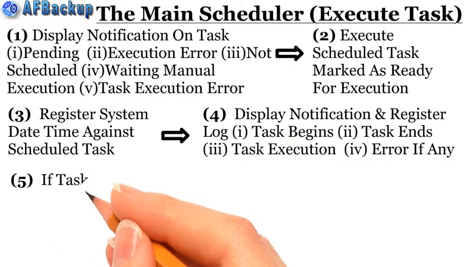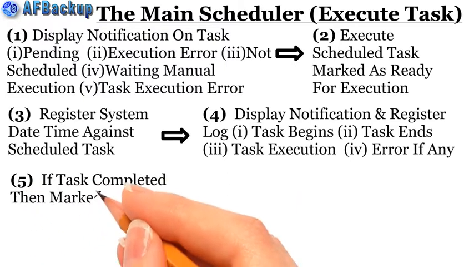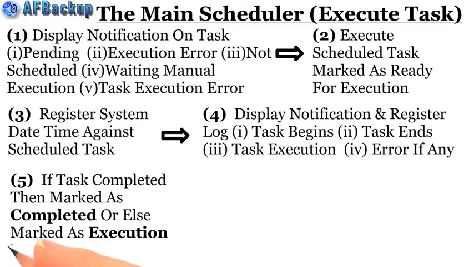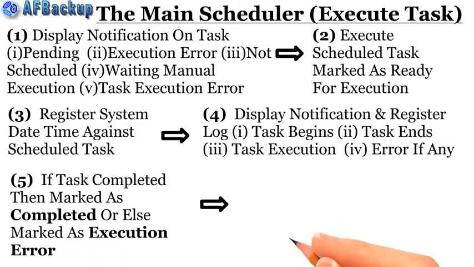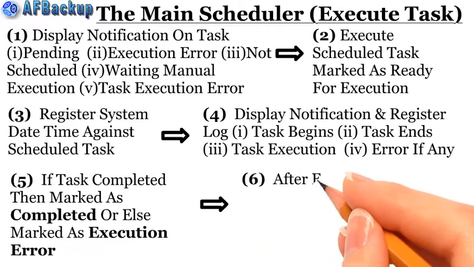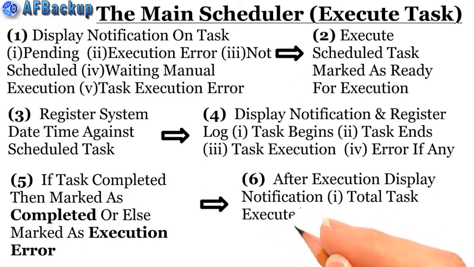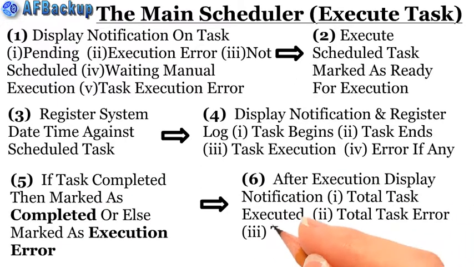If the task executes successfully, it is marked as completed, else it is marked as execution error. After execution of all tasks is done, a pop-up notification is displayed, showing total tasks executed, total task errors, and total time taken.